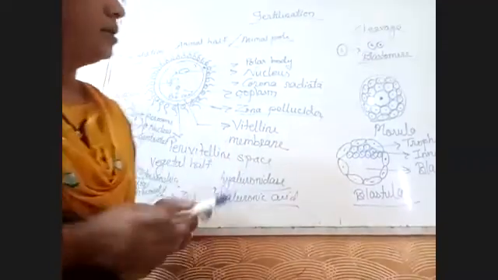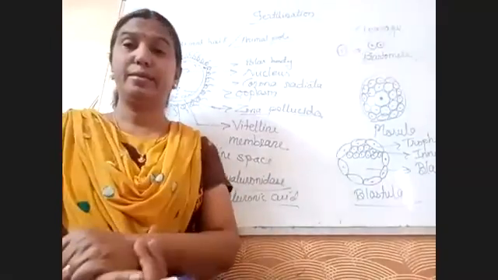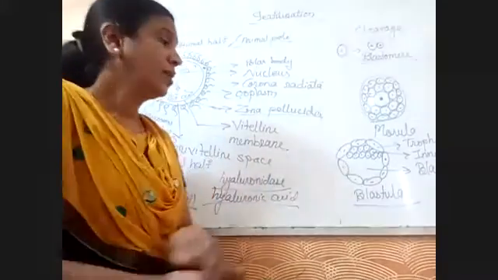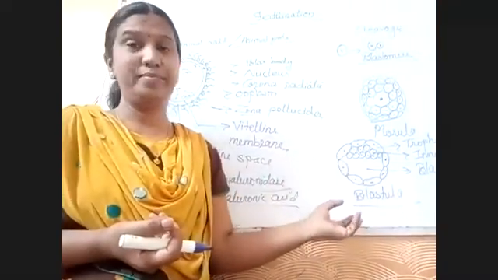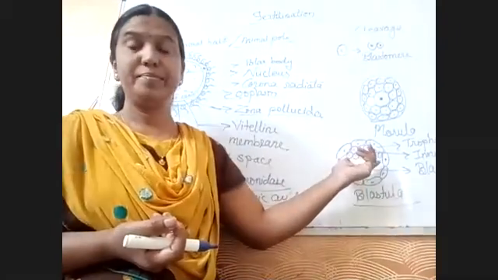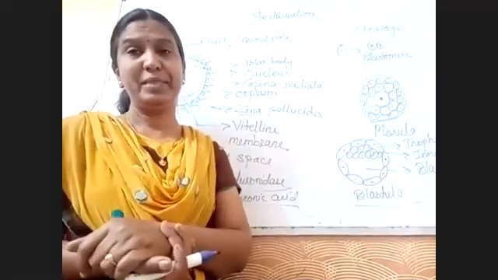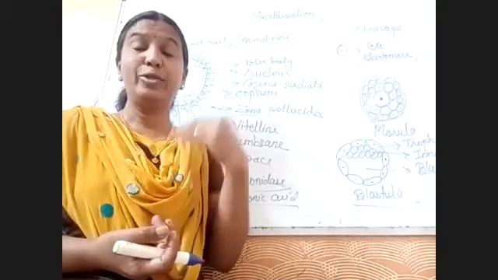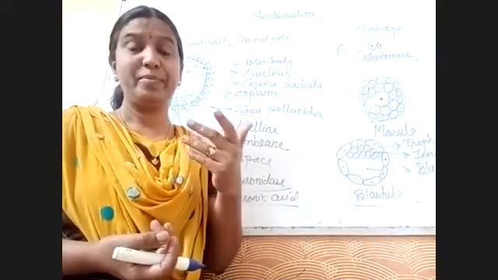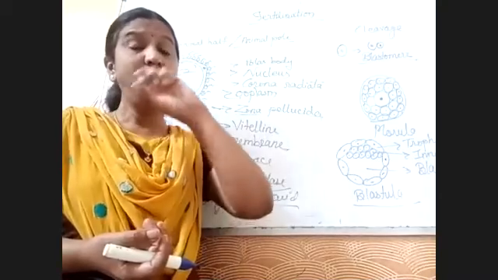Okay. Now, after that, what will happen? From this blastula, some cells will get detached. They will detach, multiply mitotically, and form a ring.